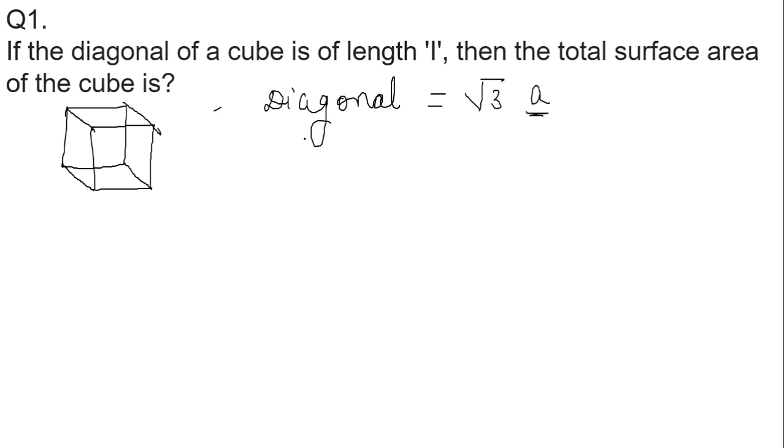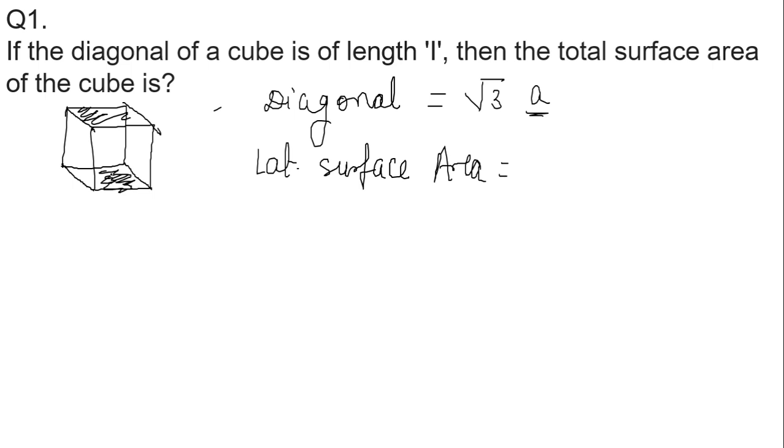The second thing that you have to keep in mind here is the lateral surface area. Two formulas, one is the lateral surface area and the second one is the total surface area. Right now I am explaining it excluding two faces. Please try to understand, we have to eliminate two faces. Which two faces? The top face of the cube, for example this is the top face and this one is the bottom face.